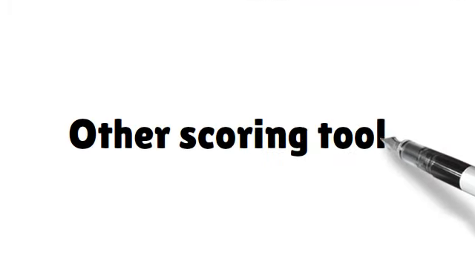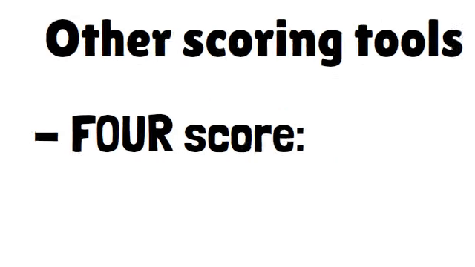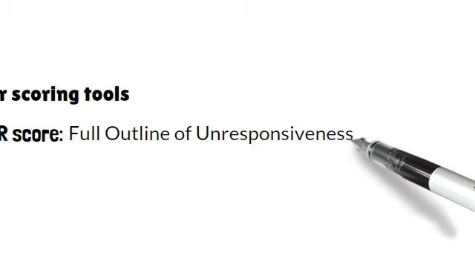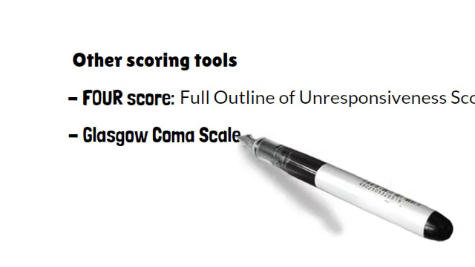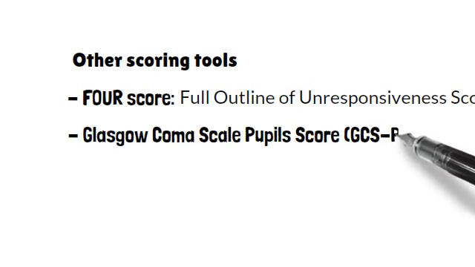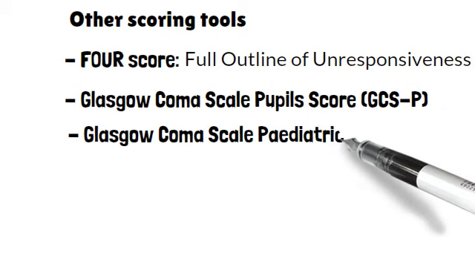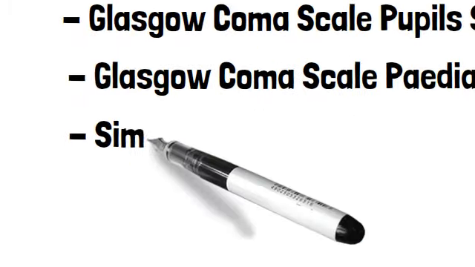Other neurological scoring tools worth noting include the FOUR score, which is the Full Outline of UnResponsiveness score, the Glasgow Coma Scale Pupil score, the pediatric Glasgow Coma Scale, and the simplified motor scale.